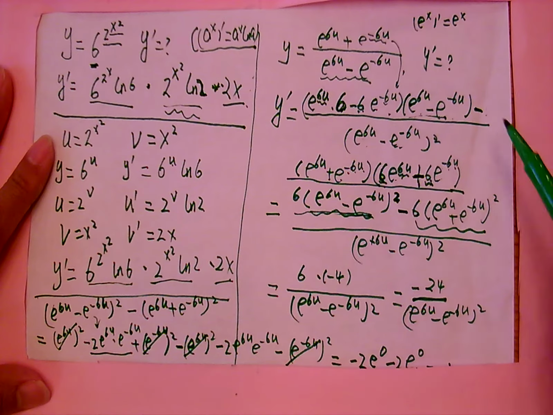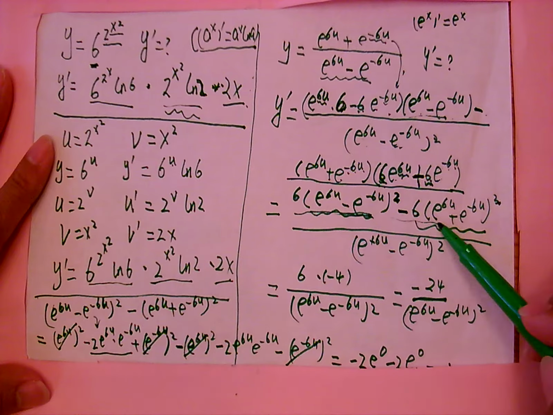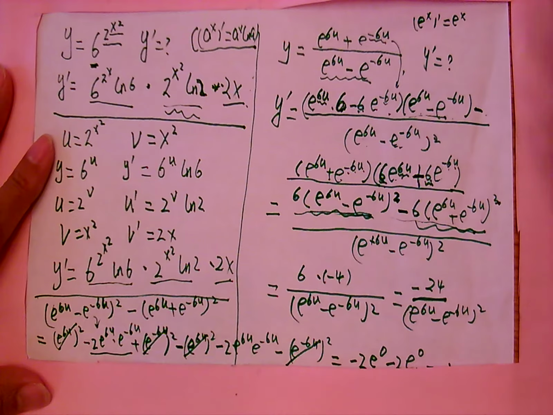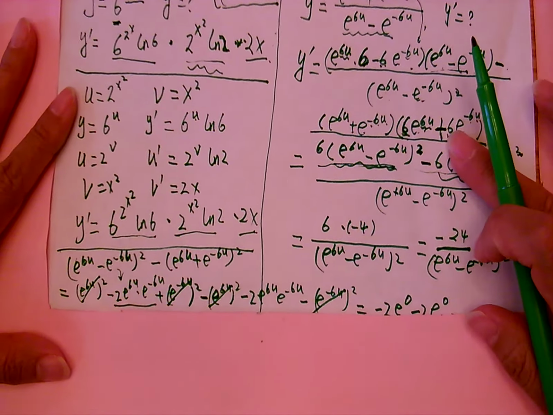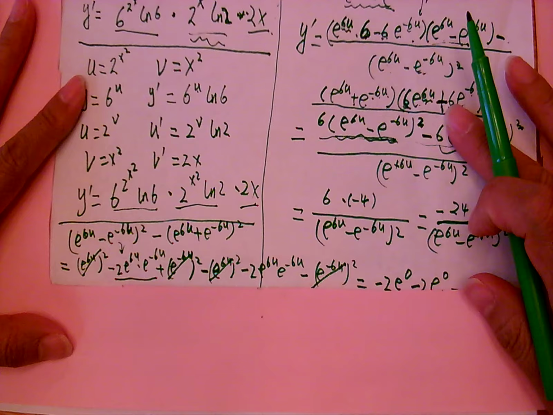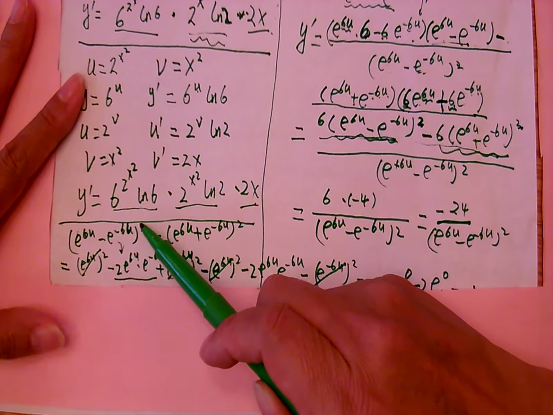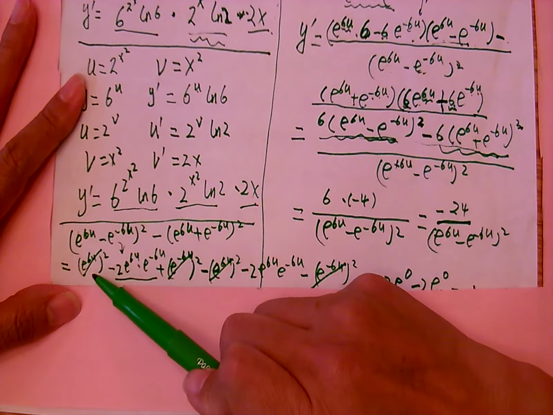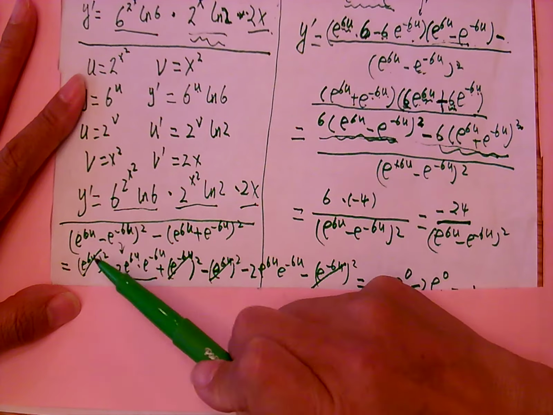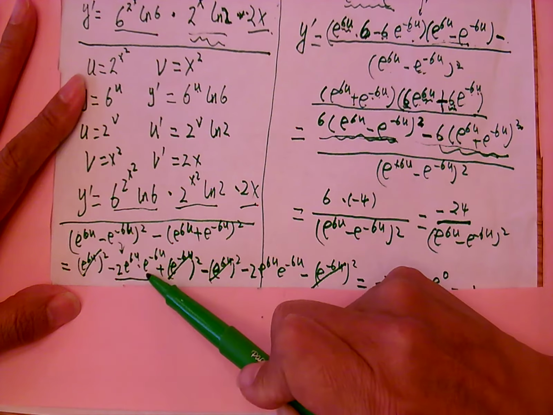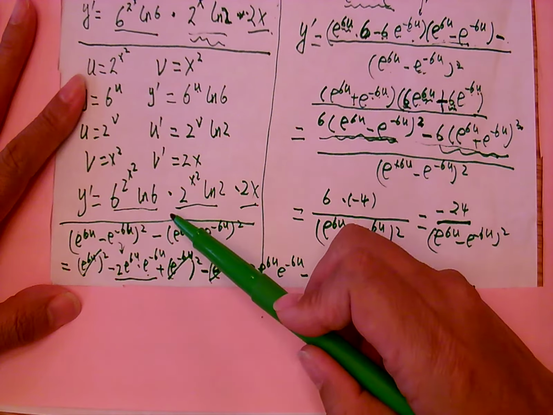Now we try to simplify this top. When I simplify this top, I use the perfect square formula here. E to the 6u minus e to the negative 6u perfect square equals first term square minus 2 first term, second term, and plus this term's square.